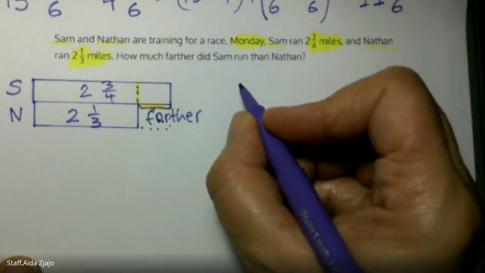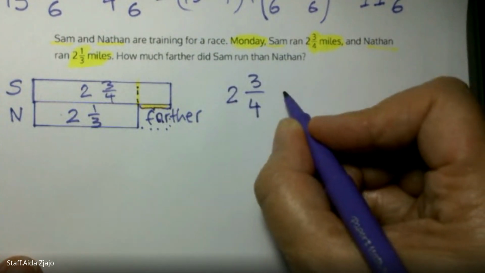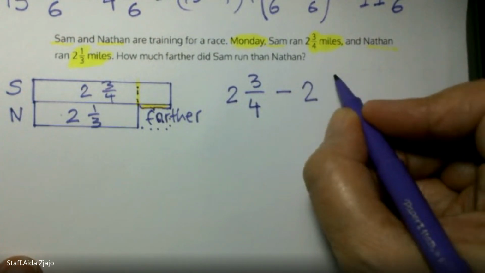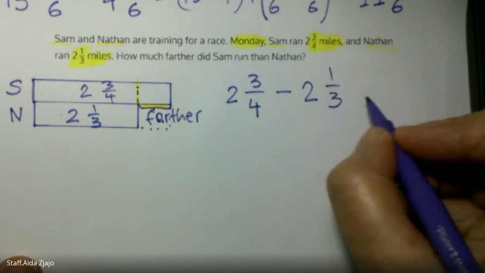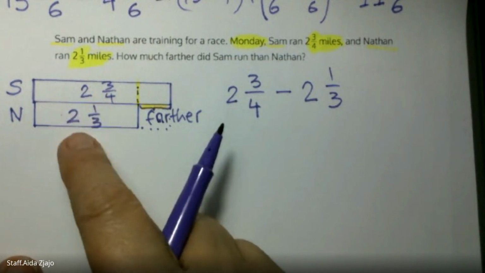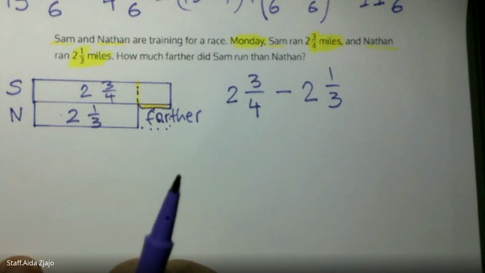So we can subtract 2 3/4 minus 2 1/3. If they are both the same as Nathan, then the difference would be 1 1/3 because 1/3 is smaller than 3/4.